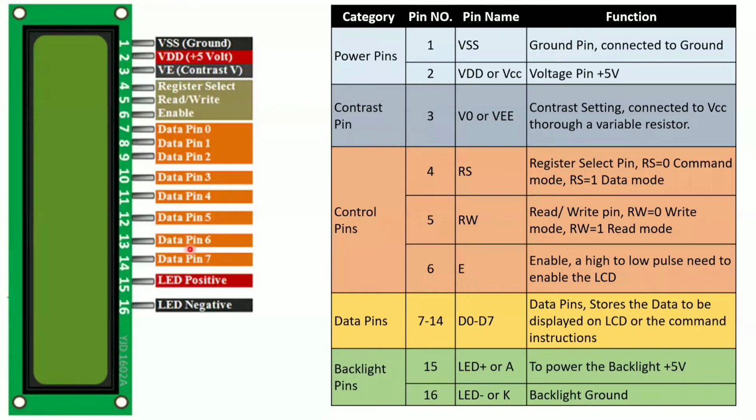Now the liquid crystal LCD display has an inbuilt controller. The controller has to know whether the microcontroller is sending commands or data. So by which pin is it deciding? Based upon the register select. Whenever the RS pin is 0, that means we are receiving commands. Whenever RS is 1, that means we are receiving data. So that is called data mode and command mode. That is called register select.